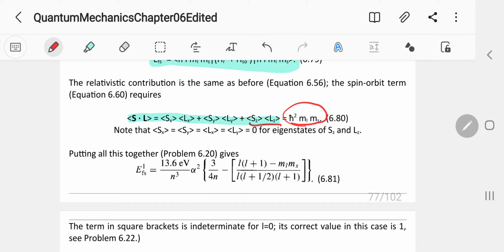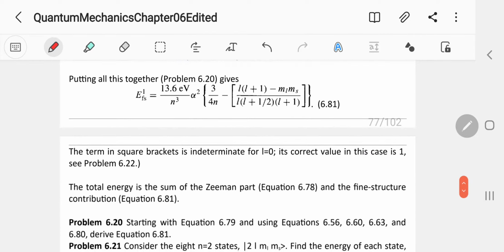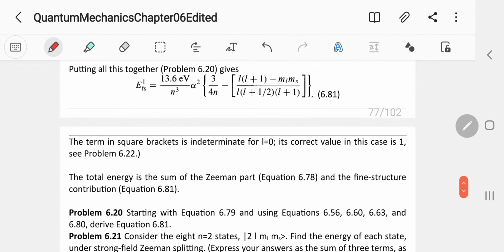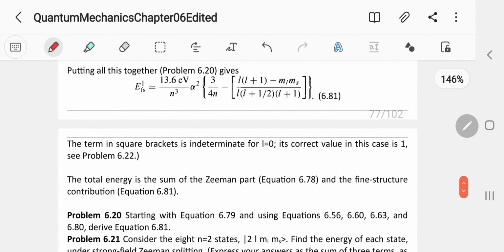And if we go to problem 6.20, by doing this comprehensively, we will be able to find that the first order fine structure energy correction will have to be given by this one.